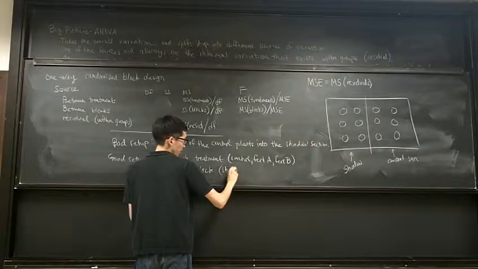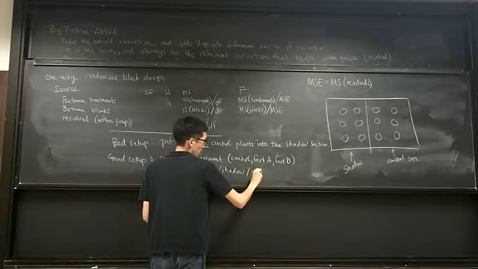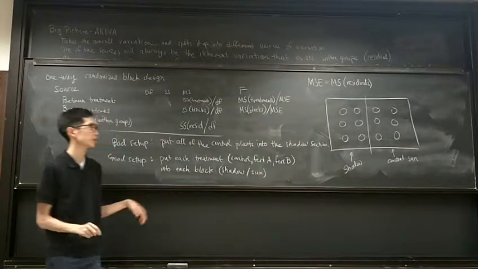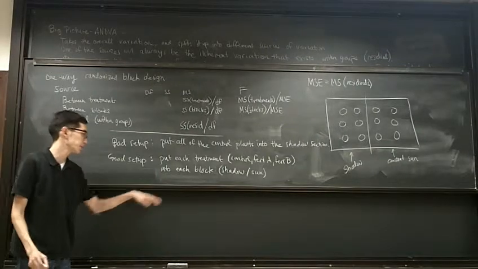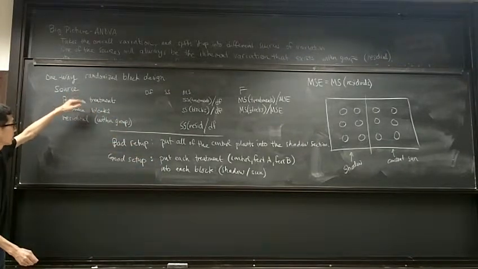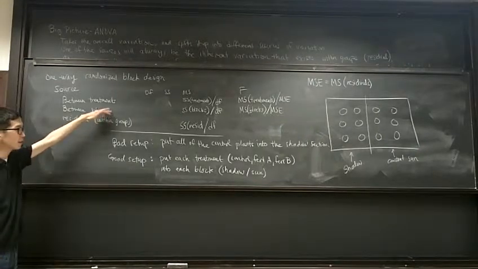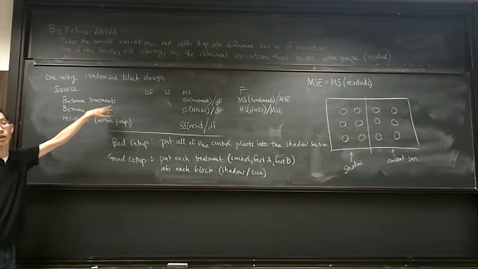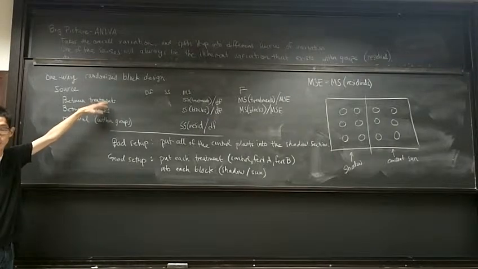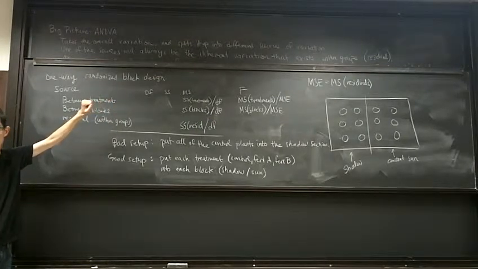Shadow and sun. And then we would set up our ANOVA analysis to take into account the effect that might be due to the blocks, and also the effect that might be due to the different treatments.